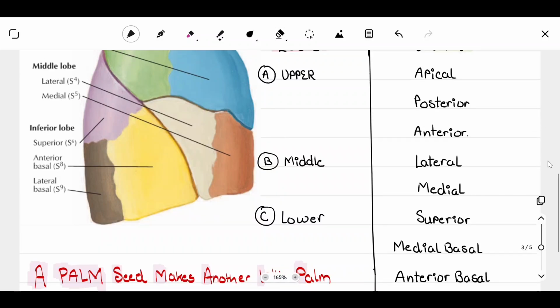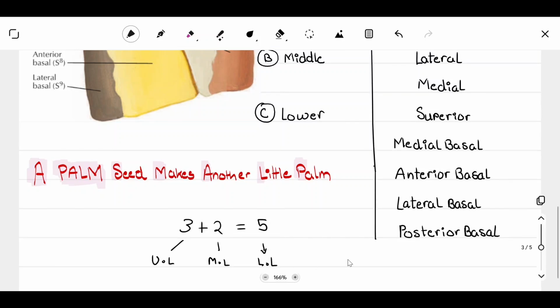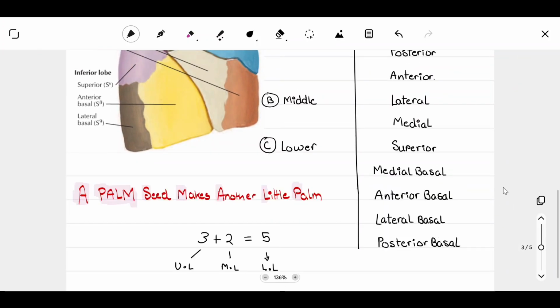And to remember the lobes and their corresponding segments, we have the formula 3 plus 2 is equal to 5. Here 3 segments belong to the upper lobe, 2 segments belong to the middle lobe and 5 segments belong to the lower lobe. So we are done with the bronchopulmonary segments of the right lung.